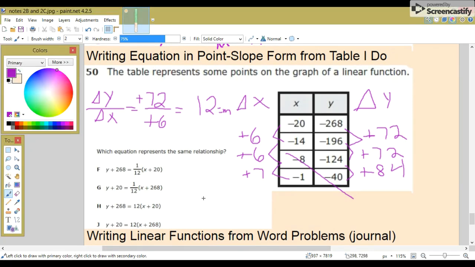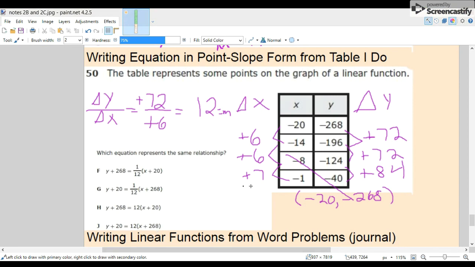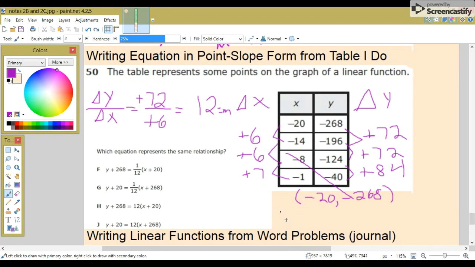From here, we're going to look at the point negative 20, comma, negative 268. Now, why are we choosing this point, you may ask? It's because our answer choices have 20 and 268 in them. It does not have any of the other points. If it had the other points, you would use those instead.